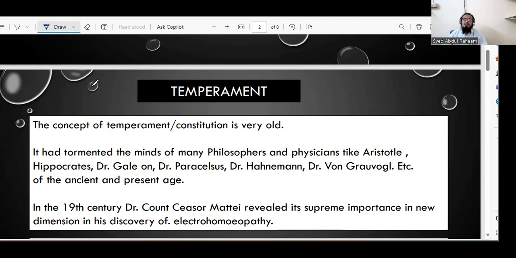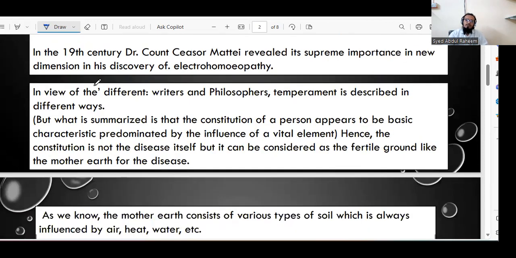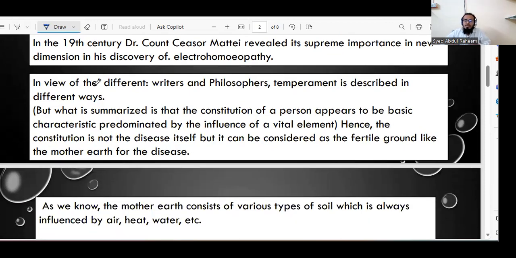So the medicine will give 100% result. So basically, what is temperament? I already discussed that it is the behavior, the nature, whatever goods, whatever bads, whatever pros and cons.